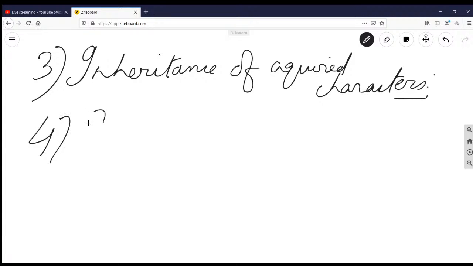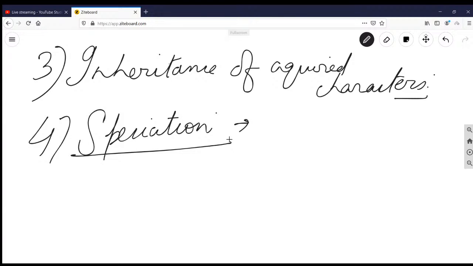Then the fourth point was speciation. Lamarck also believed that in every generation new characters are acquired. This is completely false. You cannot acquire a new character in every generation. It takes time.